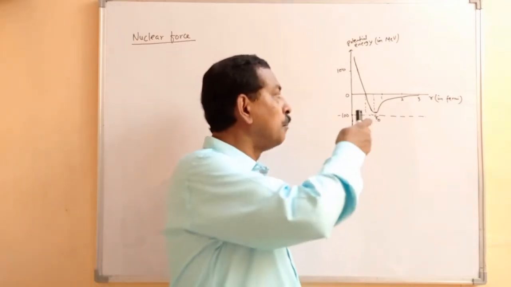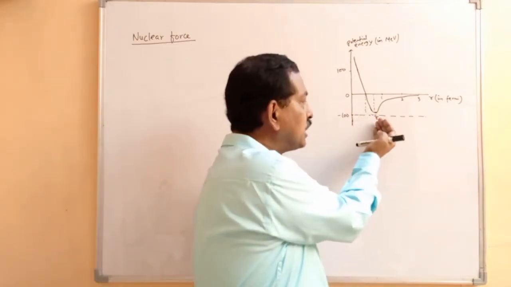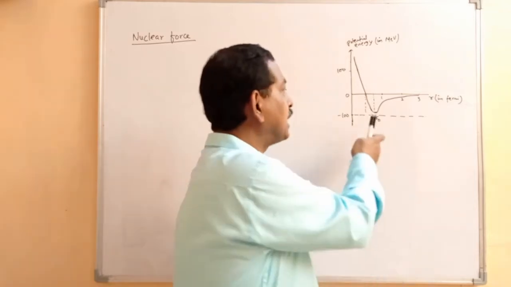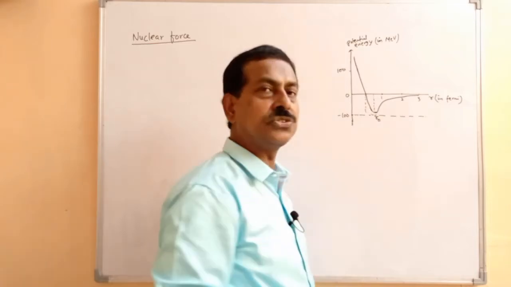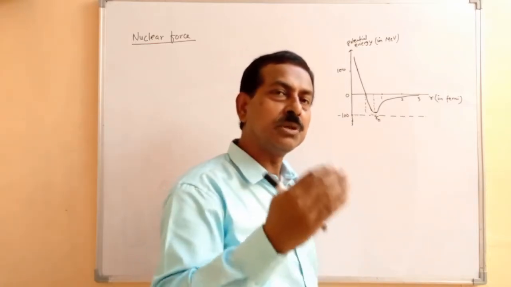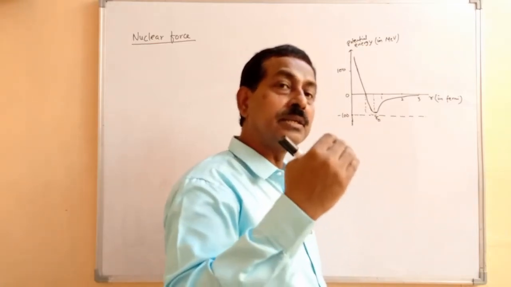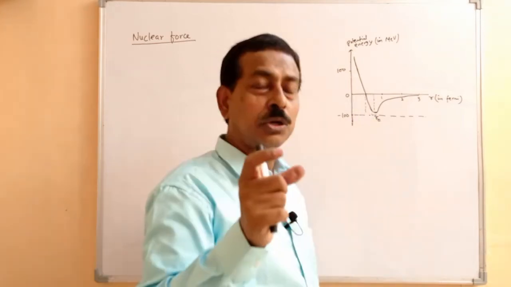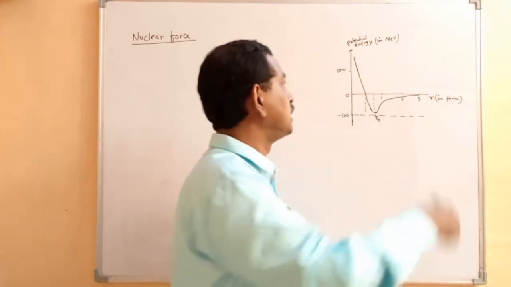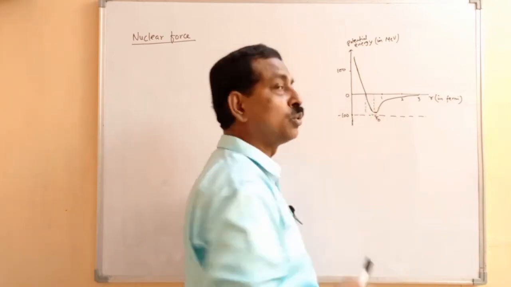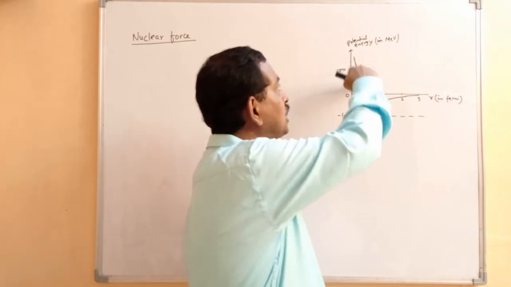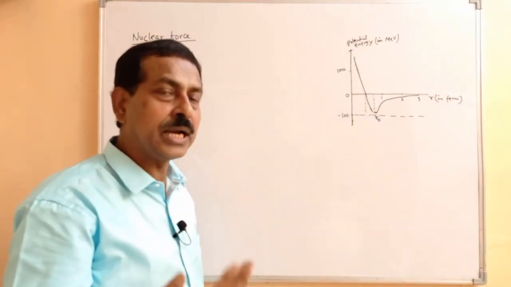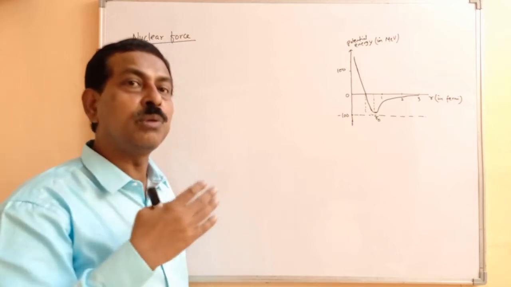But if you decrease the separation further between the nucleons, the potential energy will start increasing. That means the attractive force will start decreasing. This is the point where the potential energy will be 0, and after that it will change to a positive value. That means now the force will be repulsive.